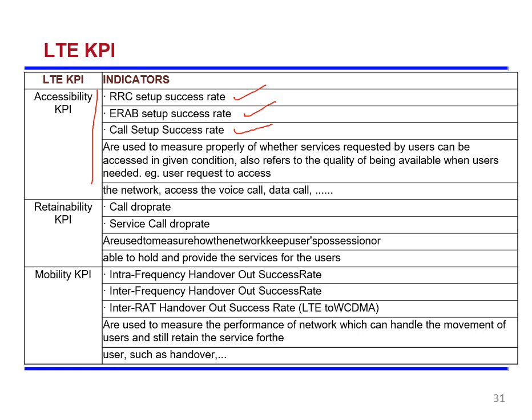E-RAB stands for E-UTRAN Radio Access Bearer. E-UTRAN means Evolved UMTS Terrestrial Radio Access Network. E-UTRAN means 4G. So all these success rates will be measured in LTE KPI.